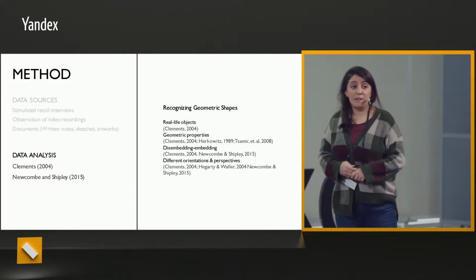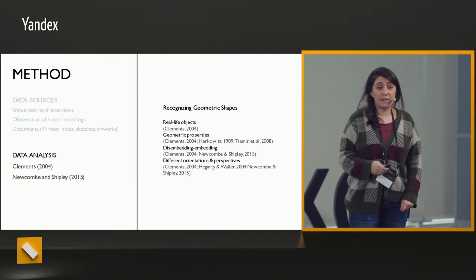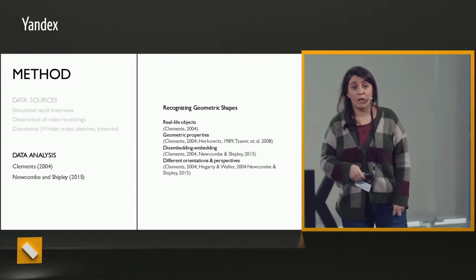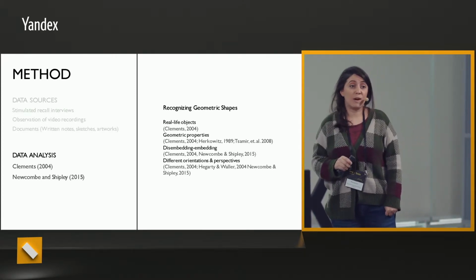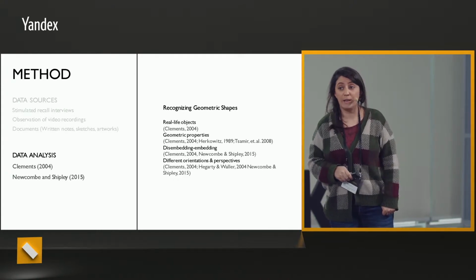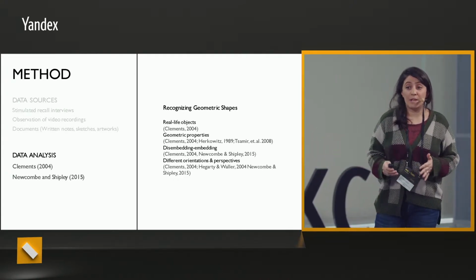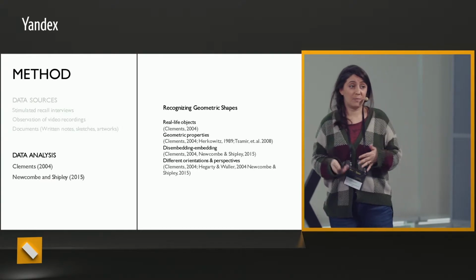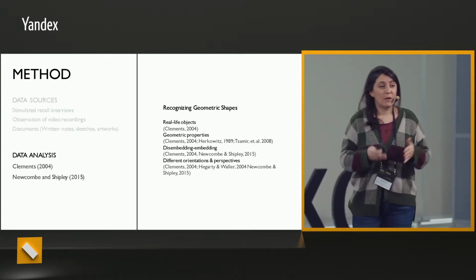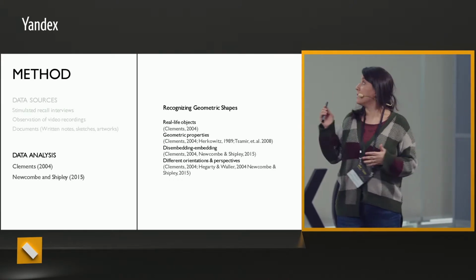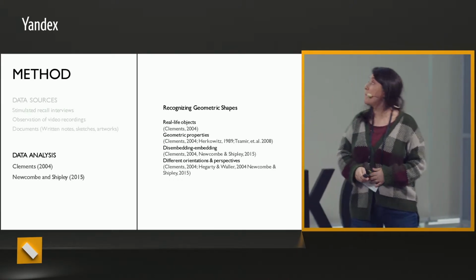In the current study, we did not use a specific theoretical framework, and 2 studies on spatial thinking provided a basis for our coding, adapted to the context of visual arts and mathematics, because these studies mostly were conducted in early child education and psychology domains.